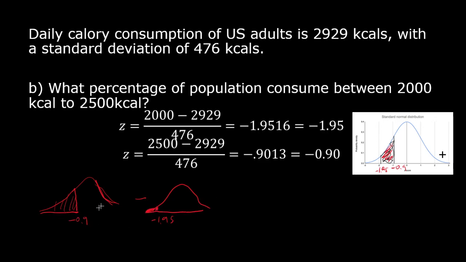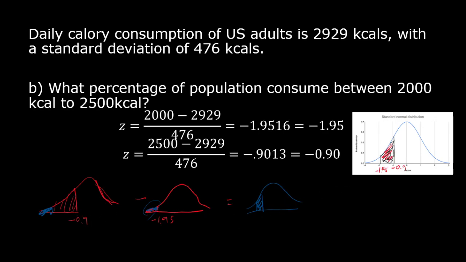Then if I take the difference between them, see, this portion right here will look like this portion here. So if you take away this blue part, you're left with this much, which is exactly what we want, right?